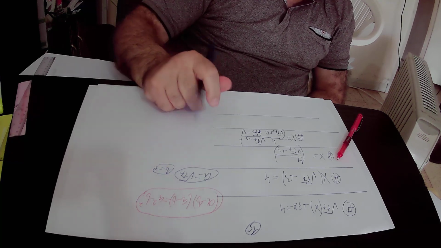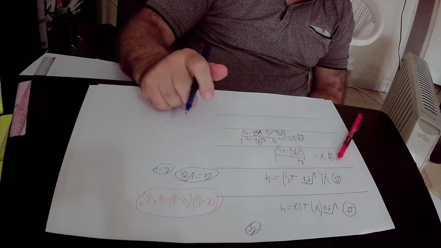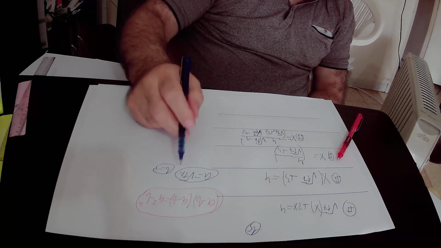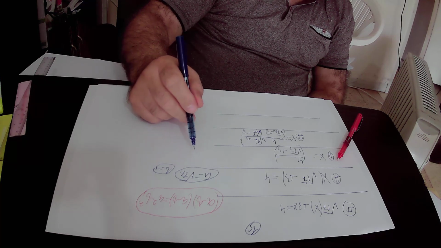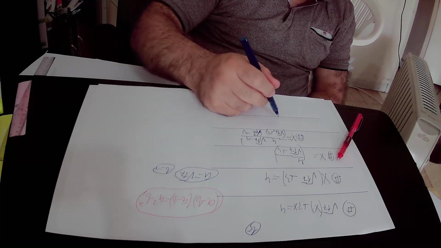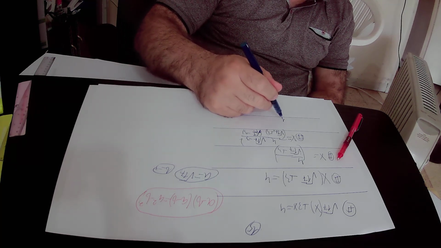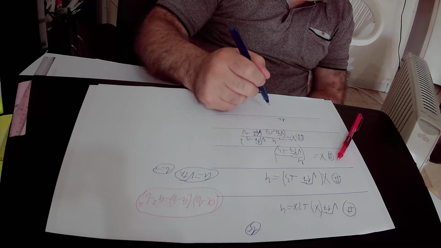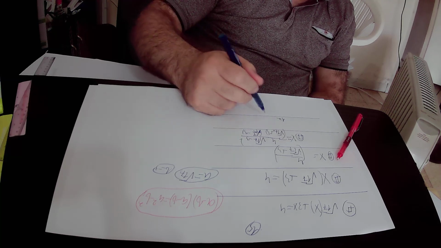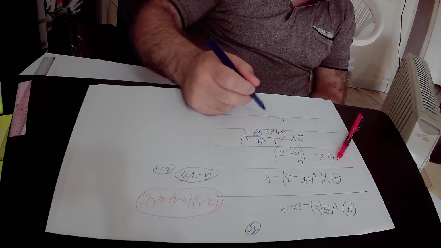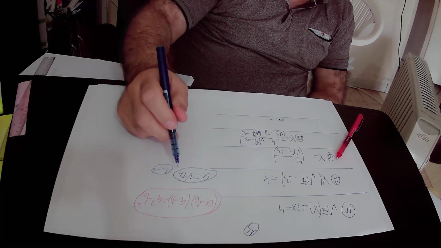So square root of 17 square will be equal to 17, minus b square. B is 3, so b square is 9.